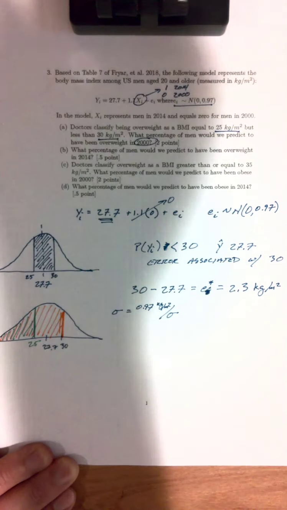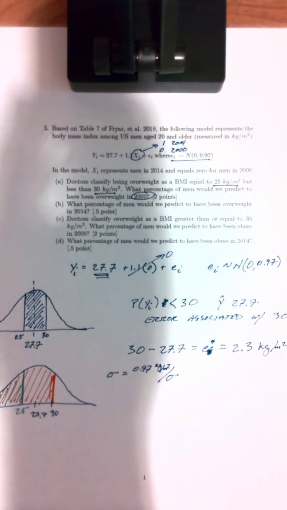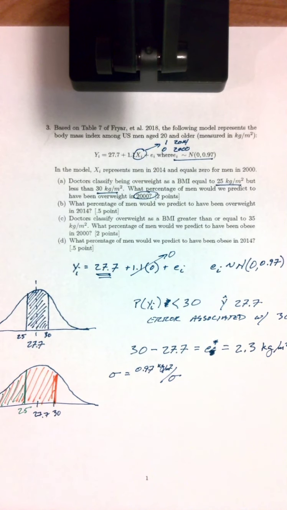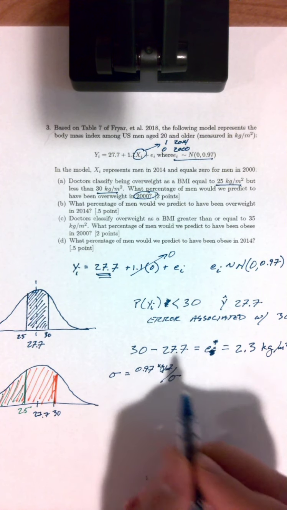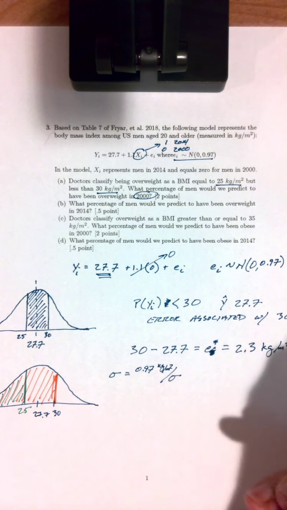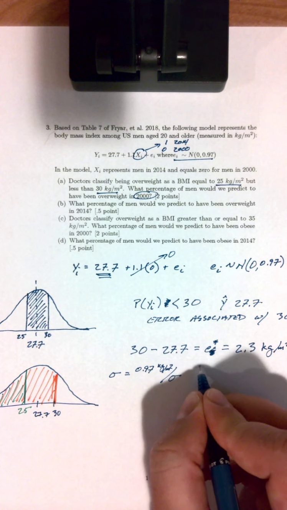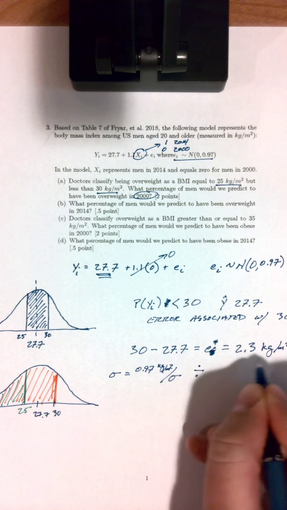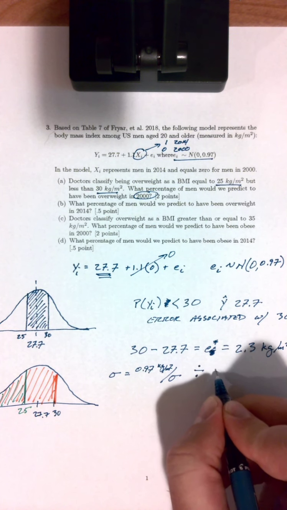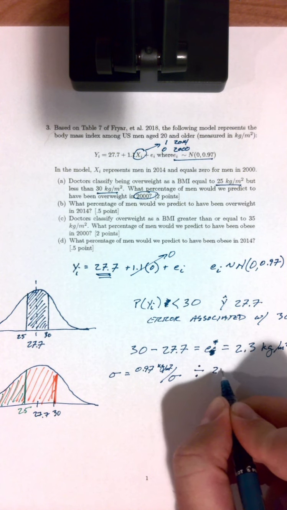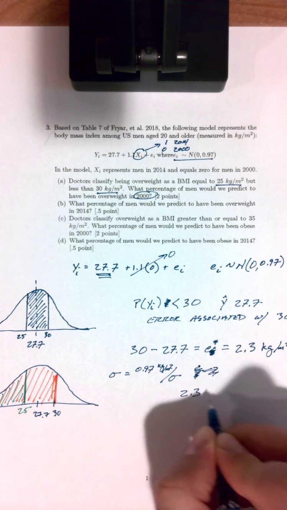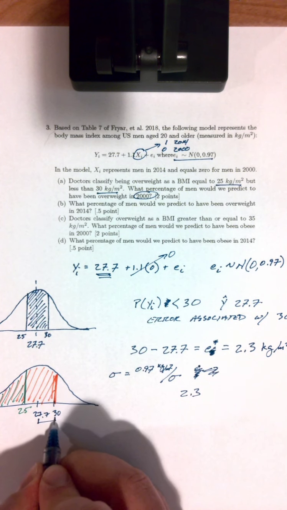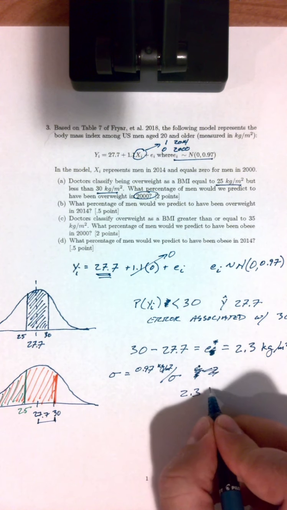So let me try to refocus the camera here. You can just think of this as the units of measurement, right? And we have right now 2.3 kilograms per meter squared. So we're going to divide those because kilograms per meter squared is on the top for both of those. We're going to take 2.3, which is the error associated with this right bar, and divide by 0.97.